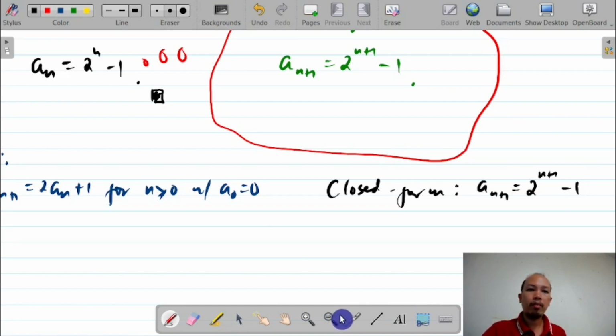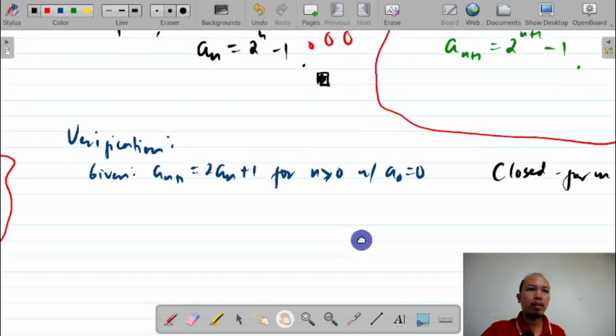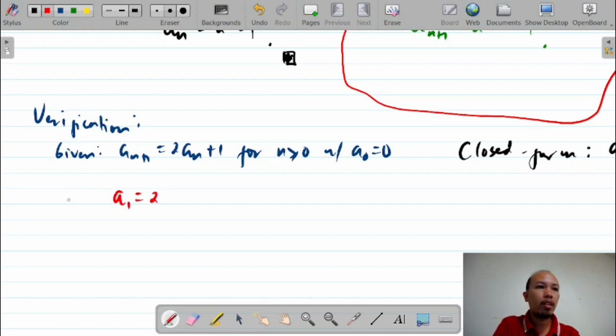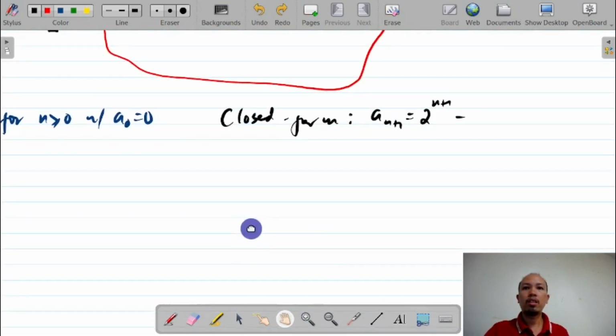Okay, let's try to substitute some values. Let's try this color here. A sub 1, we have a sub 0 is 0. A sub 1 is equal to 2. N is equal to 1. Okay, no, not this one here. I'm sorry, but I made a mistake.